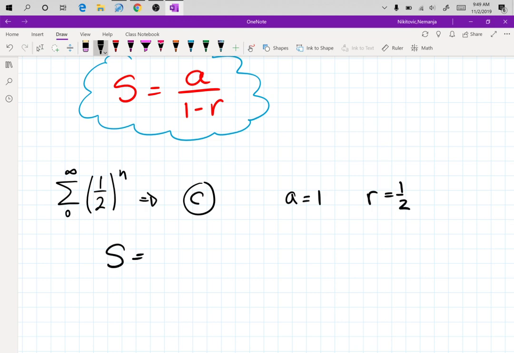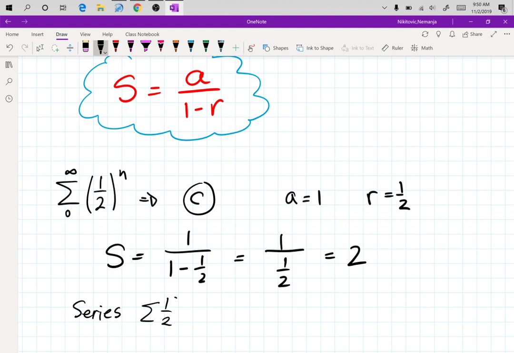So the sum is equal to 1 divided by 1 minus 1/2, which is 1 over 1/2, which is 2. So this series adds to 2. The series summation of (1/2) to the n converges to 2, meaning it adds to 2.